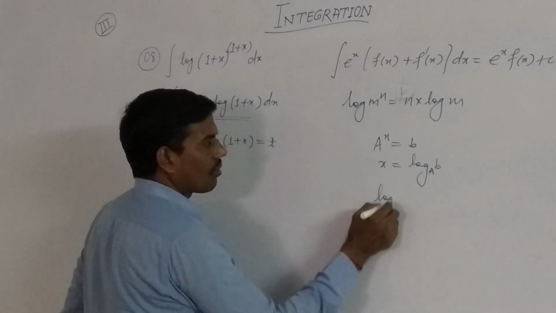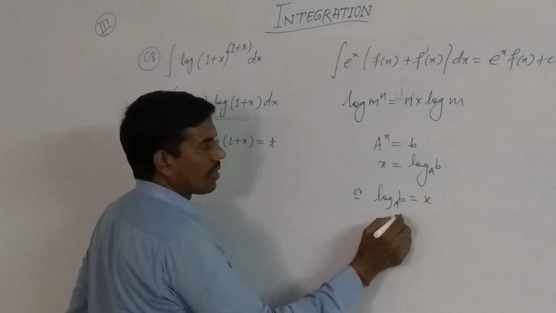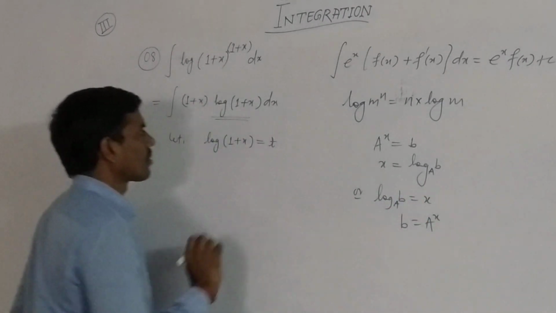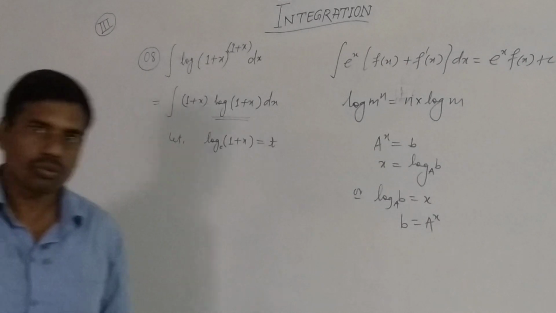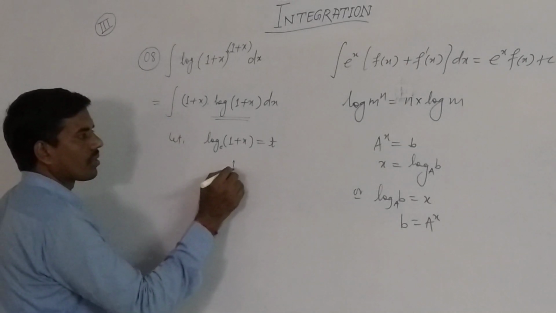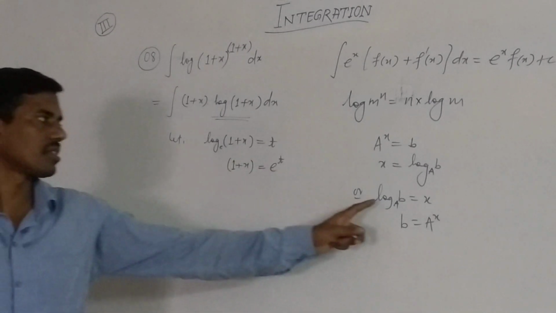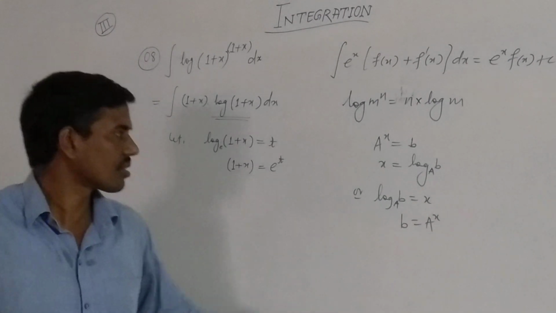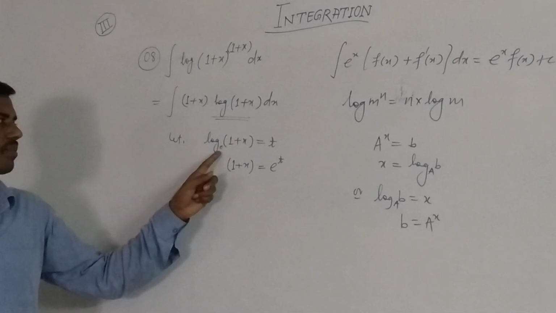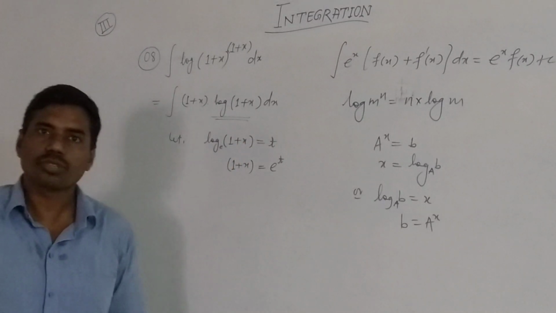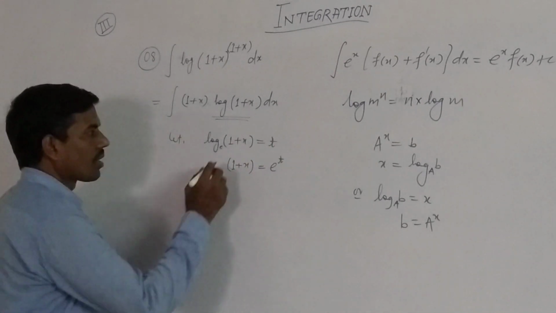Here the base is e, that is, the natural logarithm. Here log of 1 plus x to the base e is equal to t, so 1 plus x is equal to e to the power t.